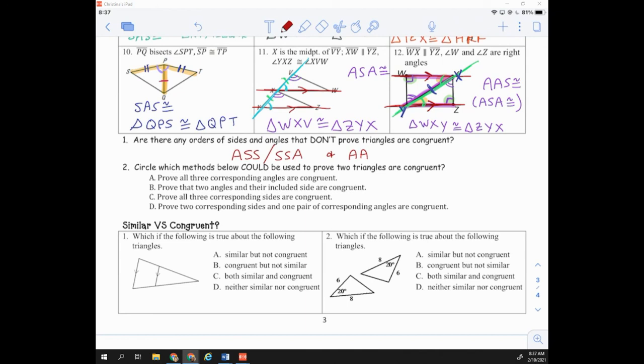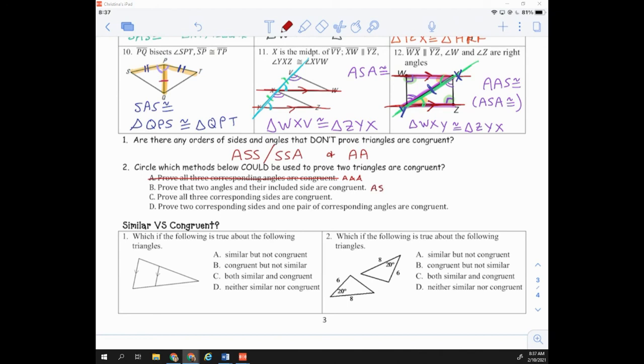So now we're going to circle which methods could be used to prove two triangles are congruent. So if we prove that all three angles are congruent, that would be angle, angle, angle. Well, that doesn't work. Angles only prove similarity, not congruence. Prove that two angles and their included side are congruent.